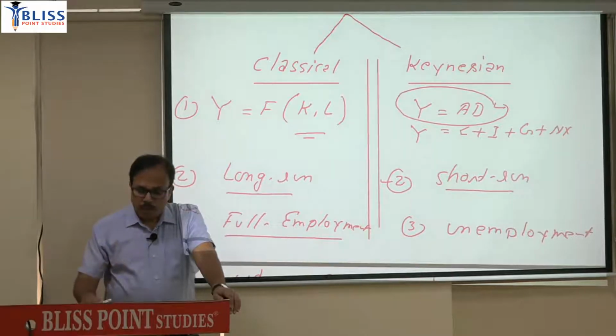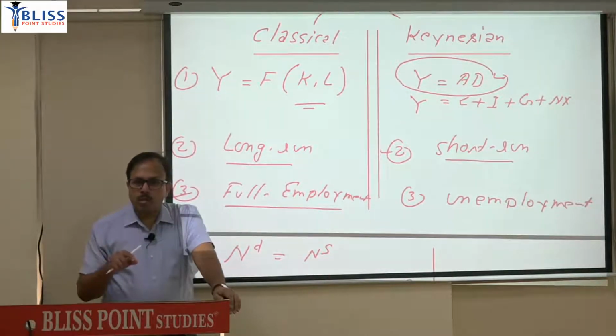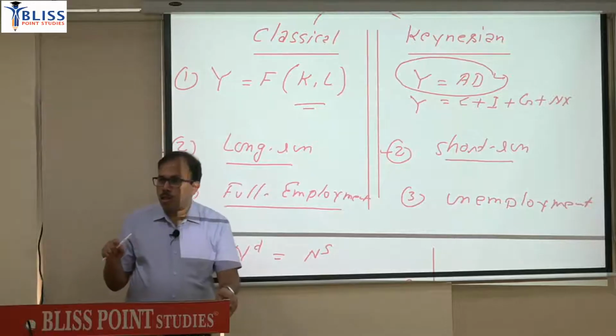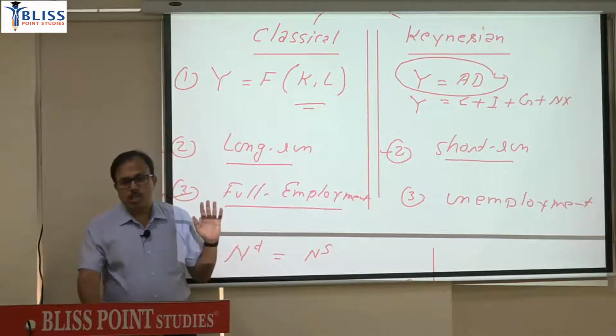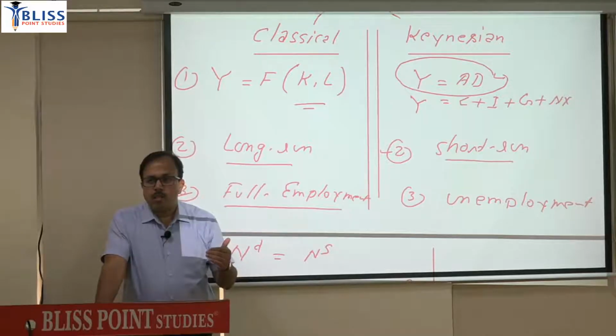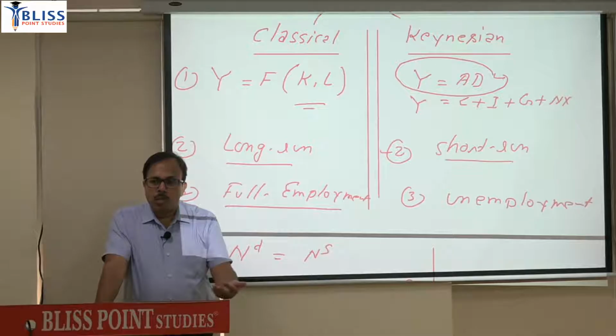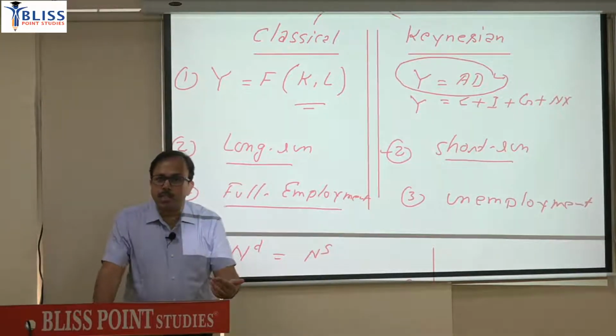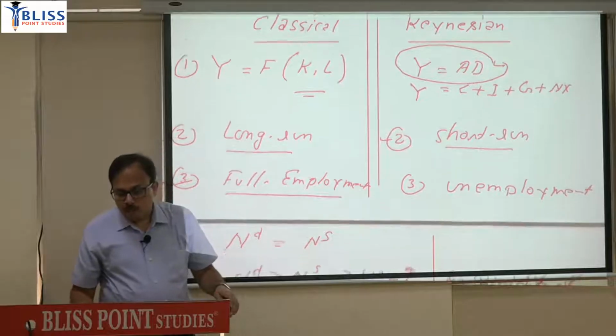Classical is long run economics, Keynesian is short run economics. Classical is based upon full employment assumption due to wage flexibility. Keynes is based upon unemployment due to wage rigidity. Wages are rigid in the Keynesian but not in the classical.